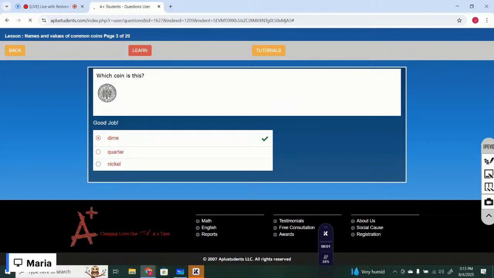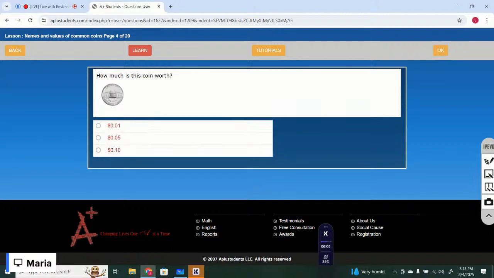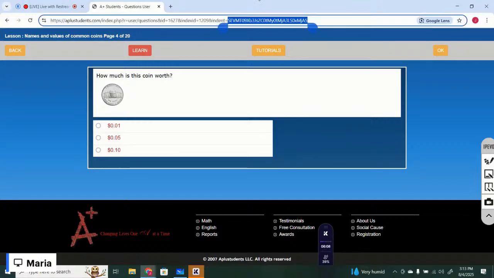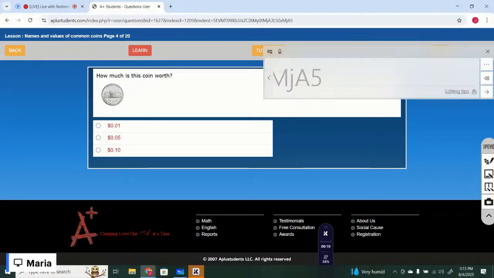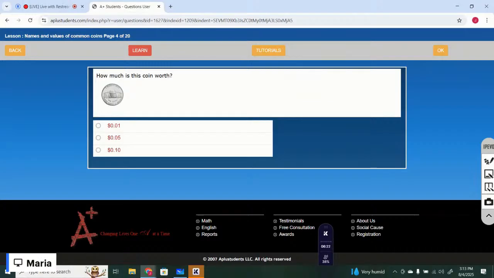Okay, how much is the coin worth? So which is the correct option? That is 5 cents it is.